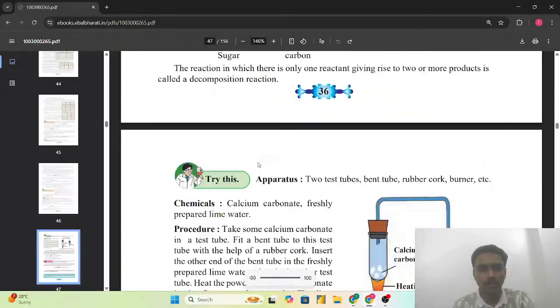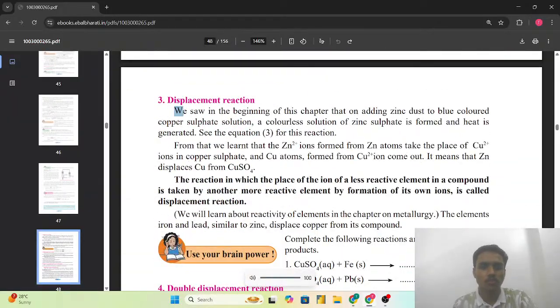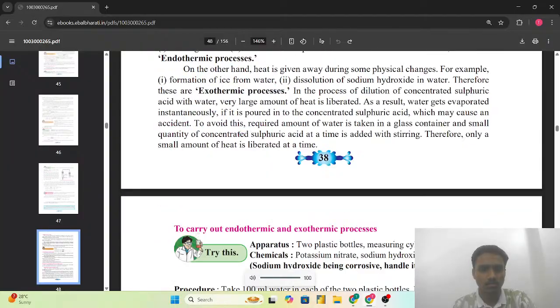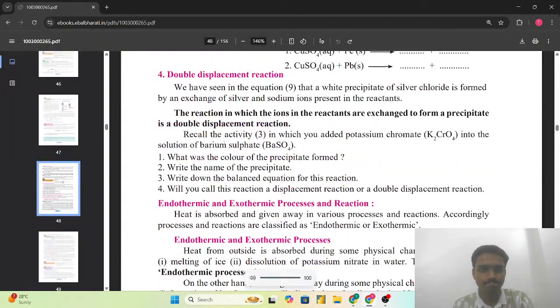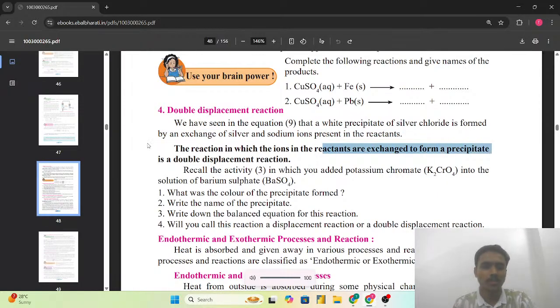So what they are telling in the double displacement reaction, we will see. We saw in equation 9 that a white precipitate of silver chloride is formed by an exchange of the silver and sodium ions present in these reactants. So the reaction in which ions in the reactants are exchanged to form a precipitate is a double displacement reaction.